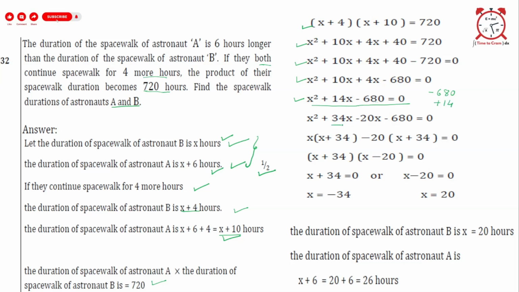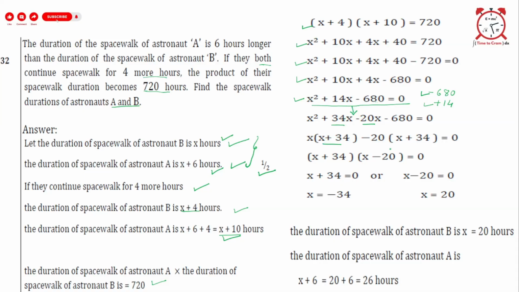These factors are 34 and minus 20. The product of 34 and minus 20 is minus 680, and their sum is plus 14. So both conditions are satisfied here. So this is the split of the middle term 14x into 34x minus 20x.